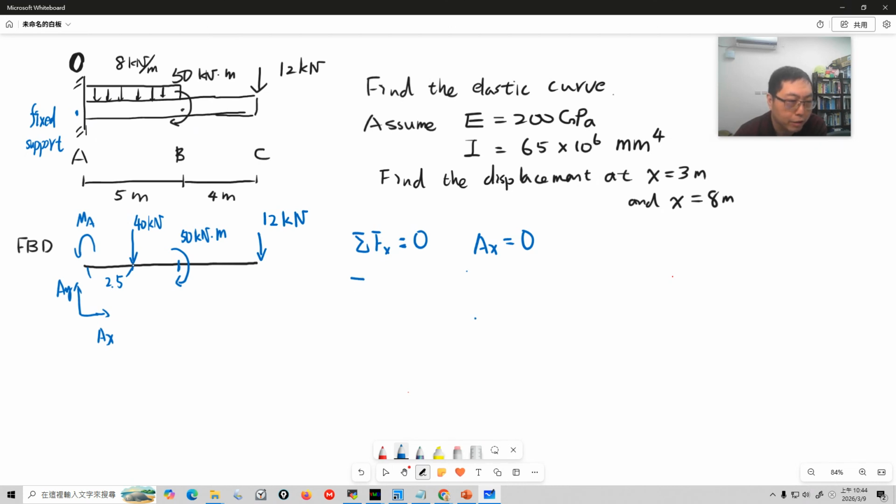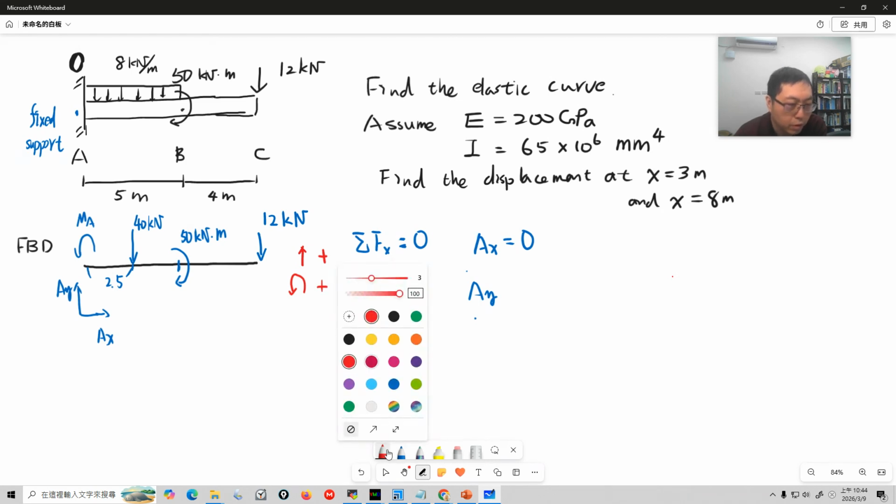The next thing is the net force in the y component must be 0. At position A, we have AY. I just list the notation: we assume point up is positive, and counterclockwise is positive.